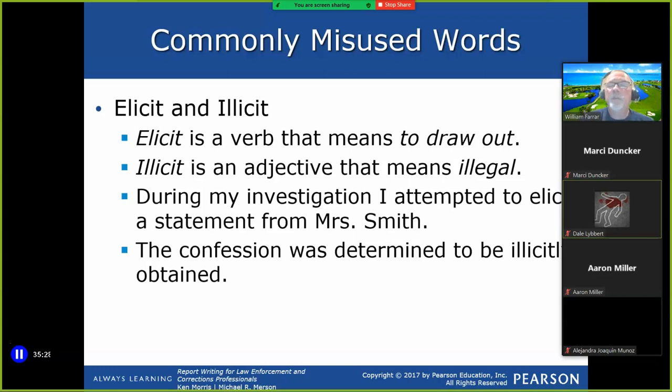Illicit is something that's illegal. So examples: during my investigation, I attempted to elicit a statement from Mrs. Smith, meaning I wanted to draw that statement out. Or the other example, the confession was determined to be illicitly obtained, meaning illegally obtained.